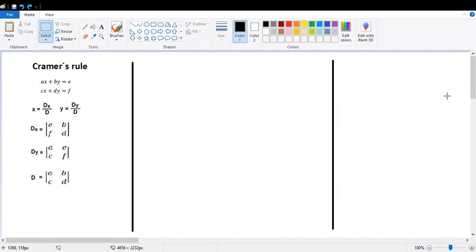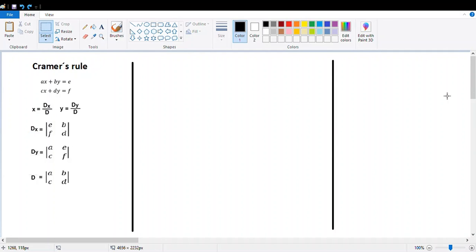But if we are talking about matrices, how can we find these matrices? I want you to be focused on the given system, because taking into account the given system, we can identify each matrix. First I'm going to teach you how to find the matrix for Dx, or the determinant of x.